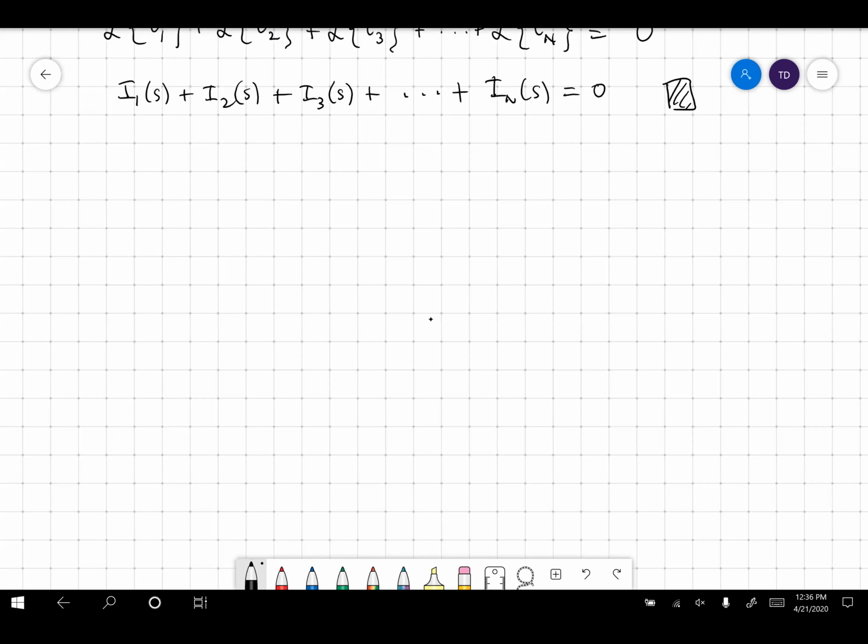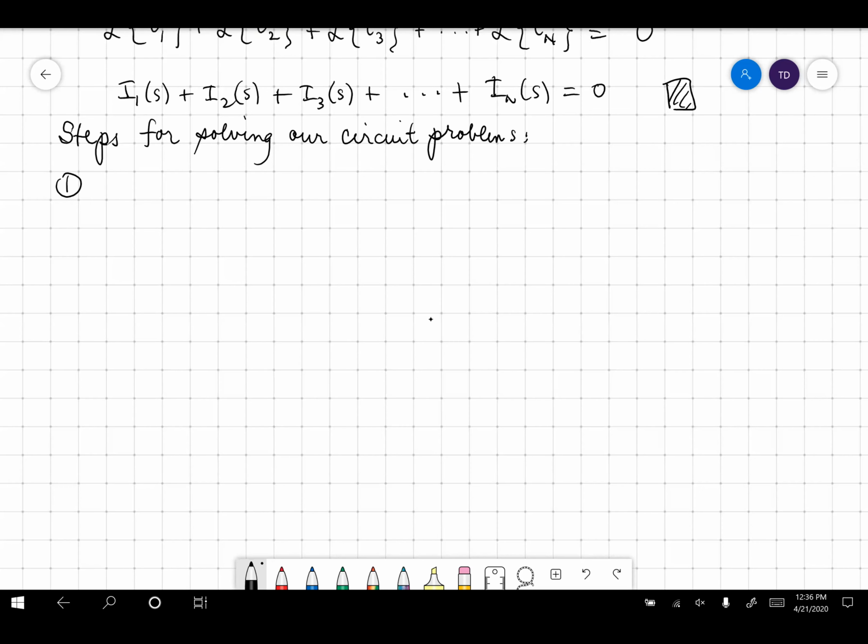So now let's talk about what the steps are going to be for solving our circuit problems. I want you to note the following.